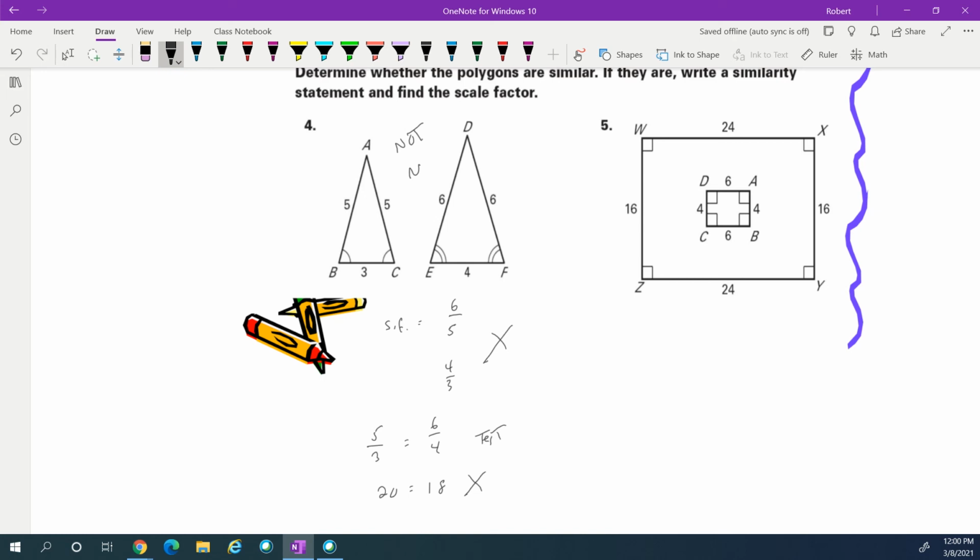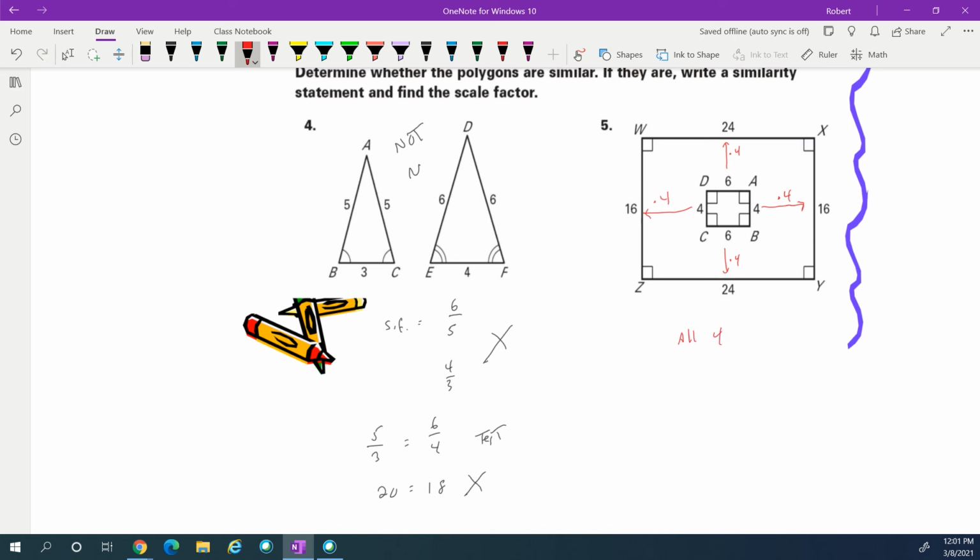In the second example, we can see that the small rectangle became the big rectangle, multiplying by 4. So this one's easily observable. 4 became 16, multiply by 4. 4 became 16, multiply by 4. We've got to check all the sides. 6 times 4 is 24. And then at the bottom, 6 times 4 is 24.